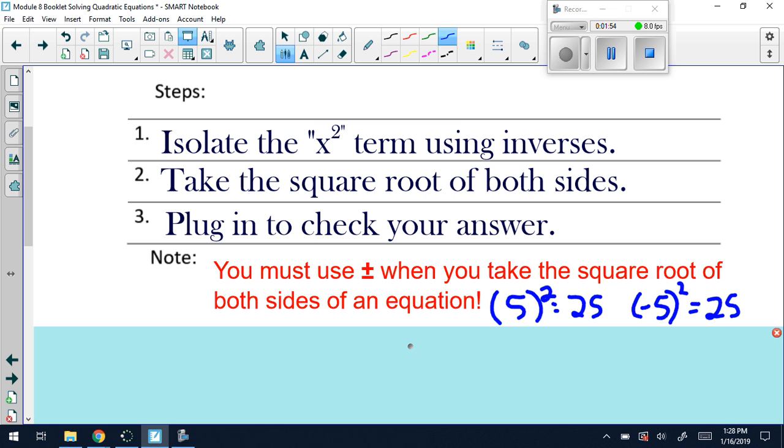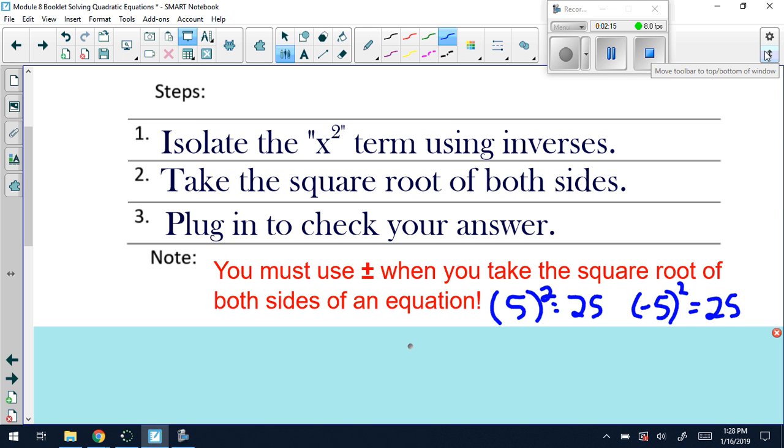So because squaring a positive 5 and squaring a negative 5 both give you a positive 25, when I take the square root, I don't know if the initial value was the positive, which we also call the principal square root, or the negative square root. So I have to include them both in my answer.